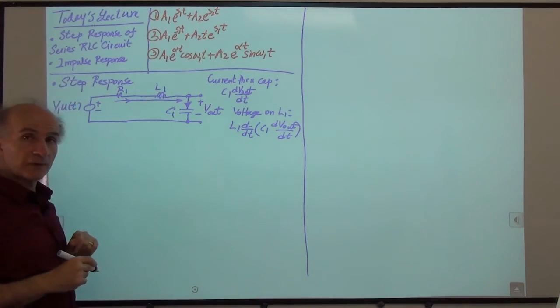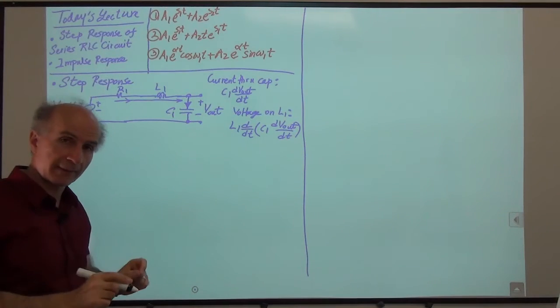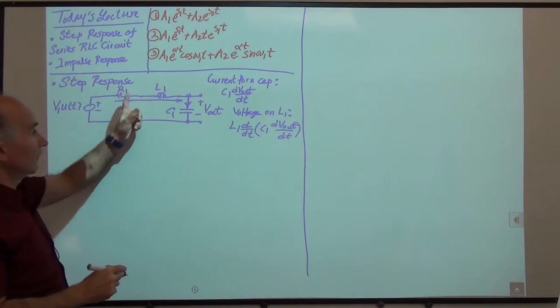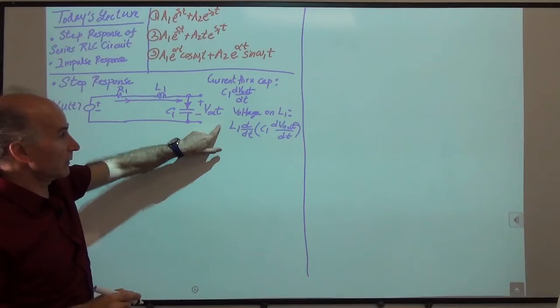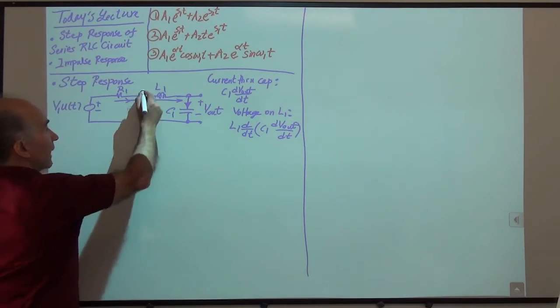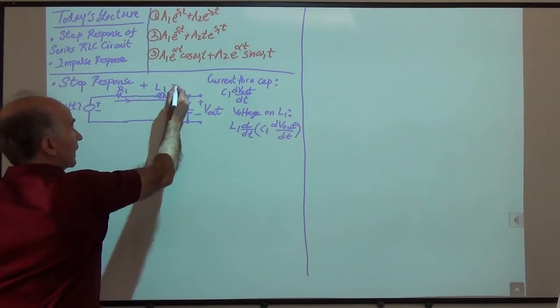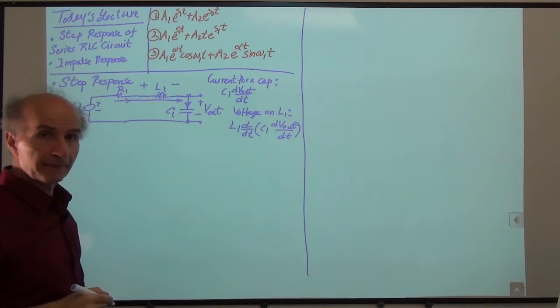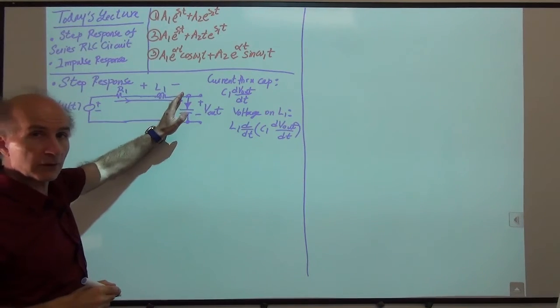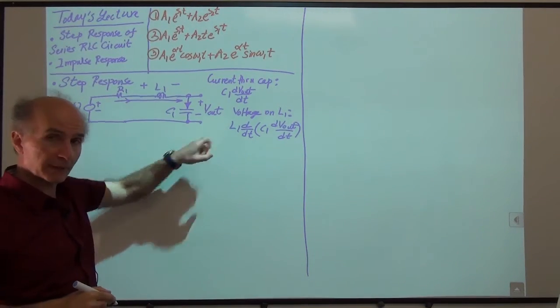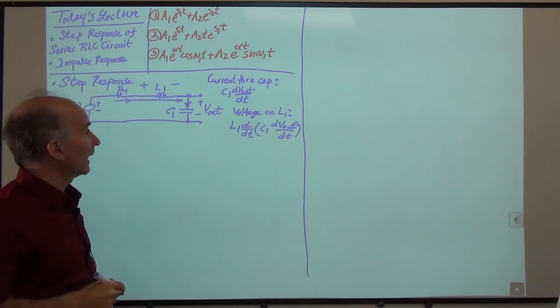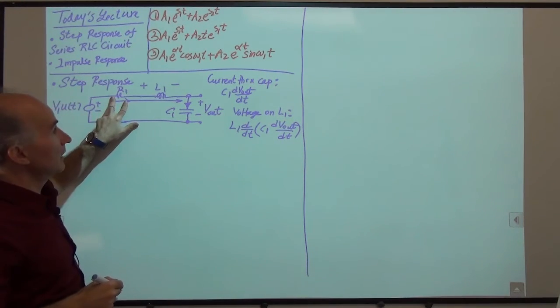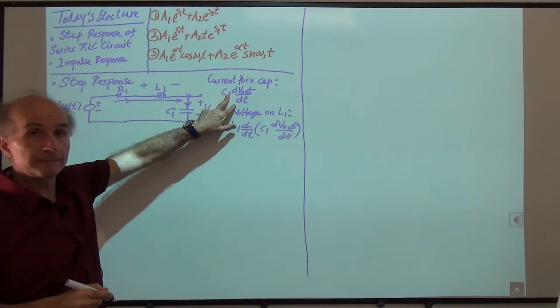And how do I choose the polarity of the voltage across L1? Because the current is going from left to right, and because I wrote this with a positive sign, I have to have high potential here and low potential here, right? Current goes from high potential to low potential if this sign is positive. And finally, the current through R1 is the same as the current through the cap, right?